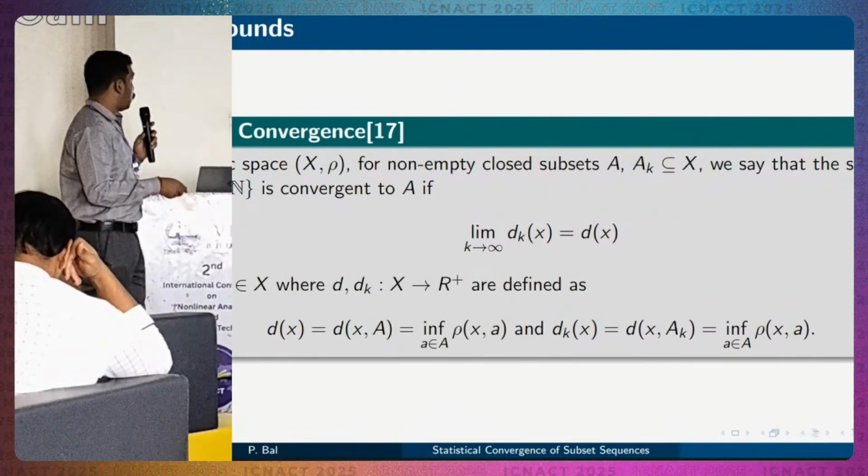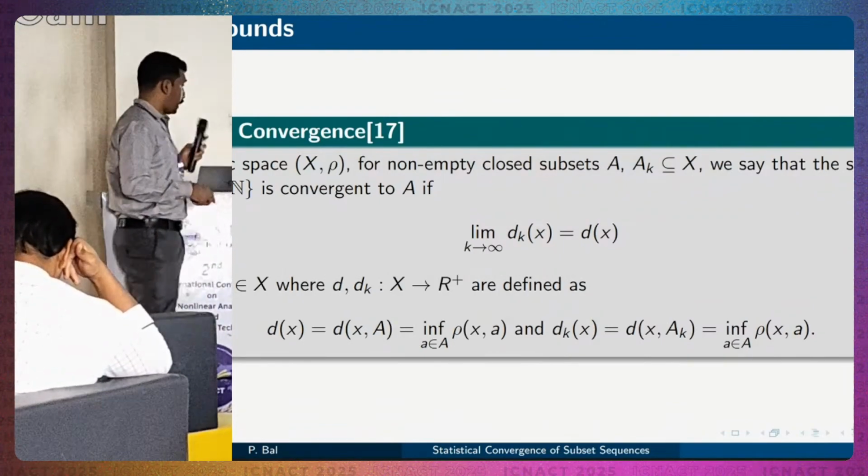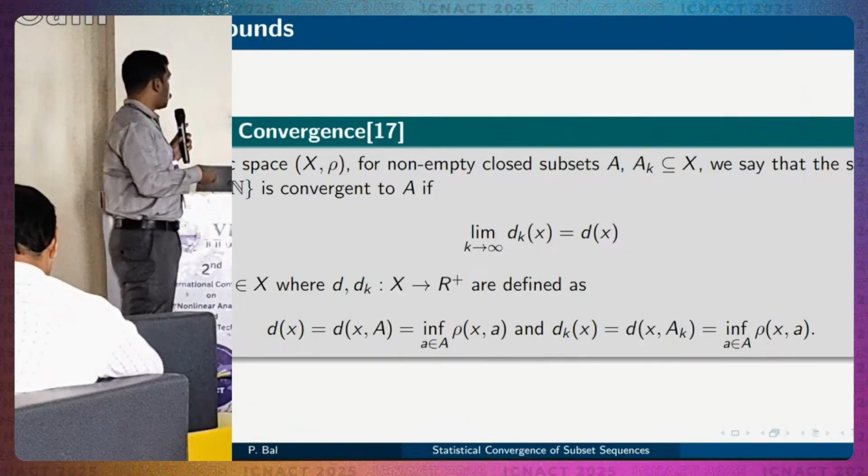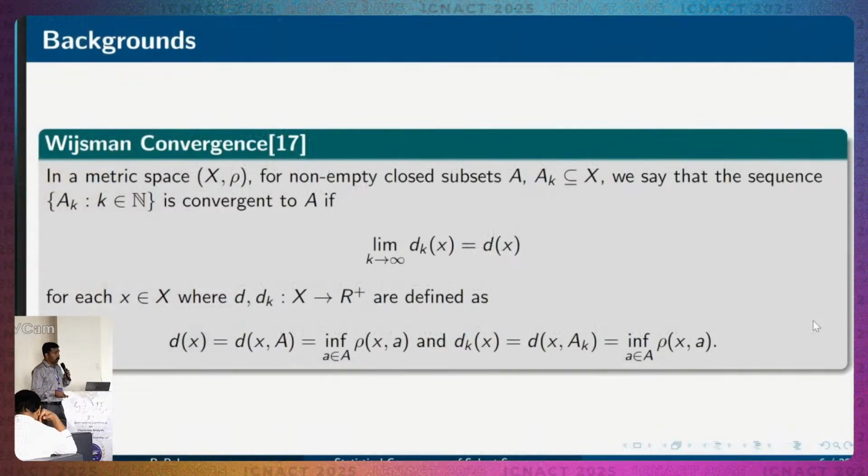So basically, Wijsman introduced another concept of convergence for sets. According to him, any sequence of closed sets converges to another closed set A, given that the limit as n tends to infinity of d(x, A_n) equals d(x, A) for all x belonging to X, where d(x, A) denotes the distance between the point x and the set A. With one example, if we explain the distance from the point 1 and the distance from minus 1 to the sequence of singletons at 1 by n, it is reducing to 1.